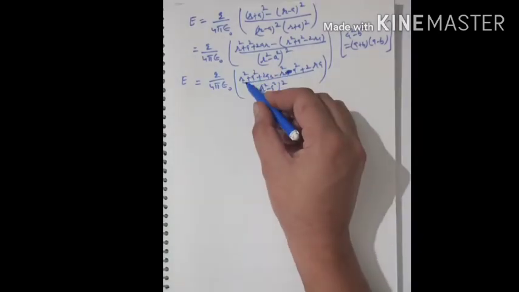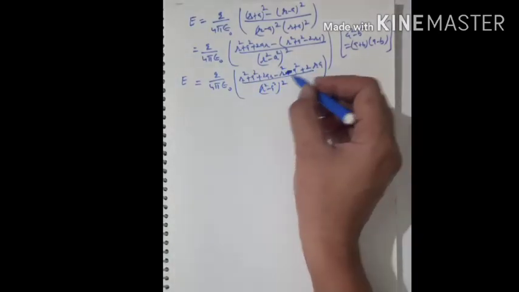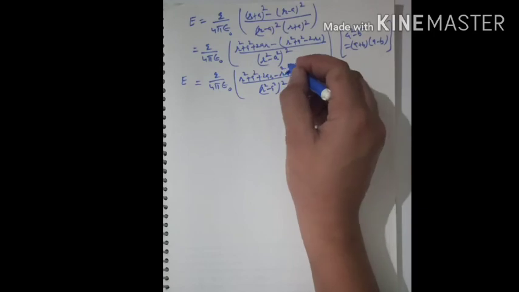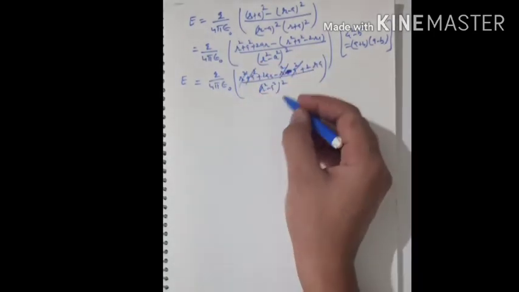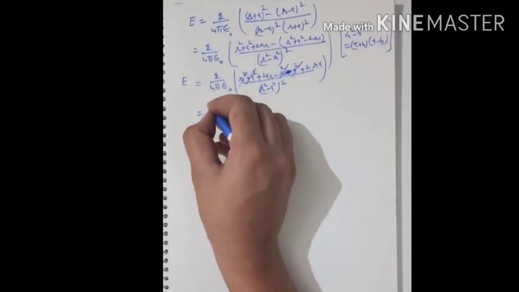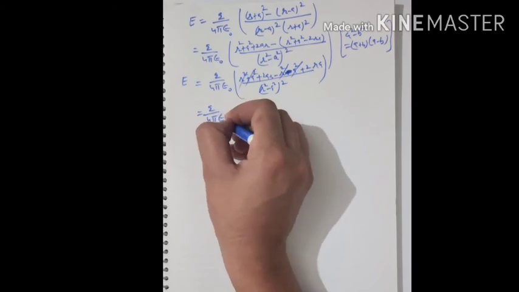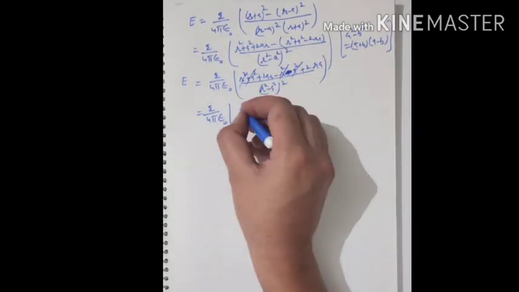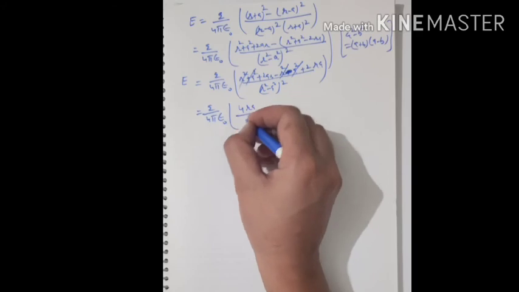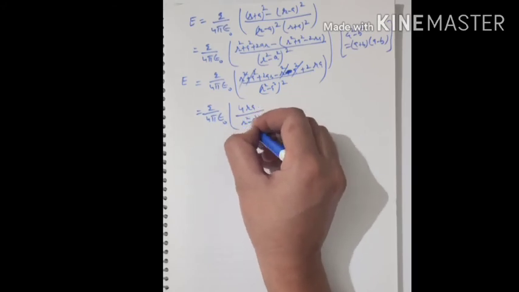So this is equal to r square plus a square plus 2ra. So r square and a square cancel. So we are left only with q by 4 pi epsilon naught, 4ra over (r square minus a square) whole square.